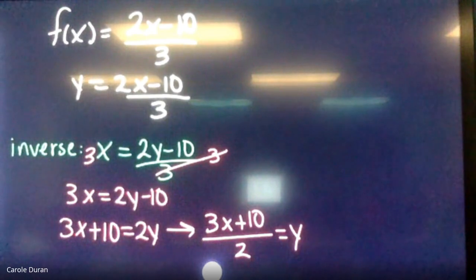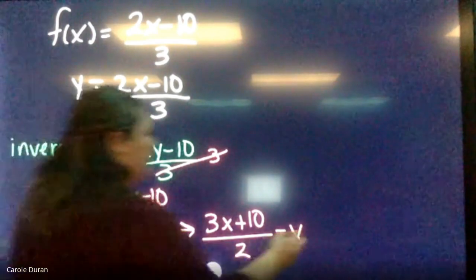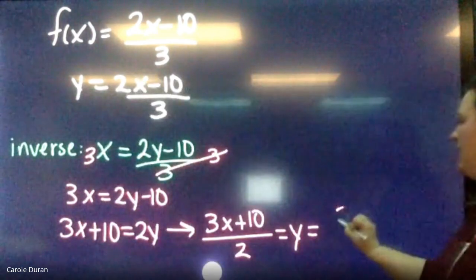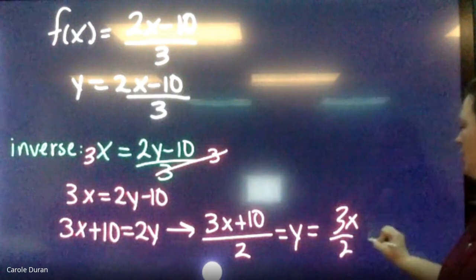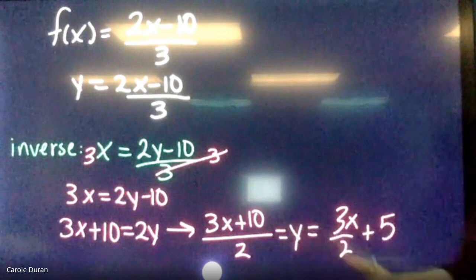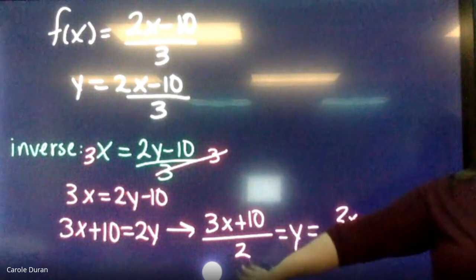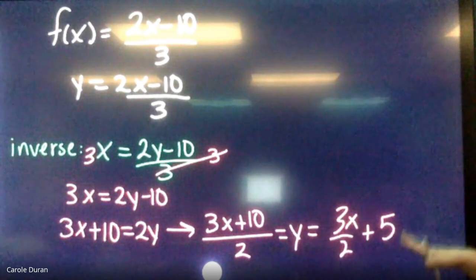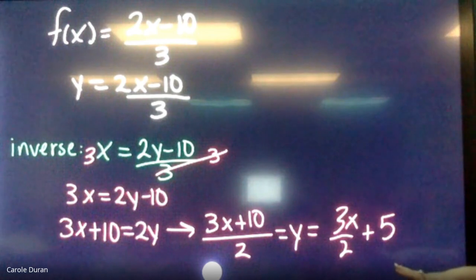Technically, if you wanted to, you could split this answer up into 2 fractions. So this is equivalent to 3x over 2 plus 10 over 2, which is 5. So these two are the same thing. I prefer to leave it this way. Some of you might like to simplify it this way. It is entirely your choice.